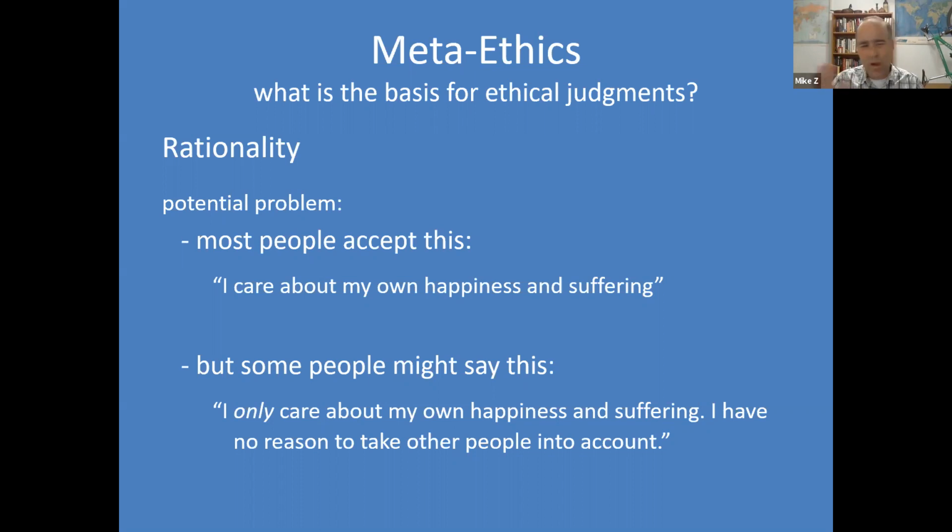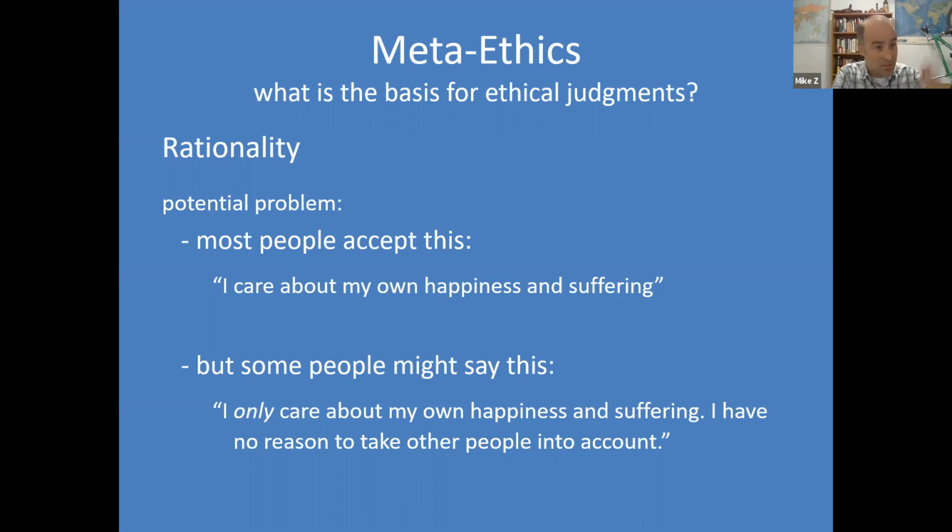Somebody who just, for whatever reason, doesn't care about other people. That's the difficult person to bring along with us here when we're trying to establish a fundamental foundation for ethics. They might say, I only care about my own happiness and suffering, and I have no reason to take other people's happiness and suffering into account. What do we do about that? How do we convince them that they're wrong?